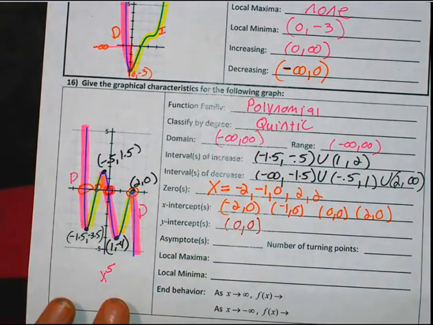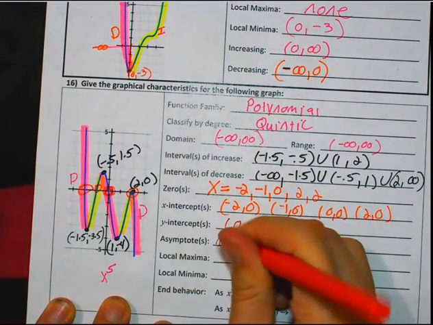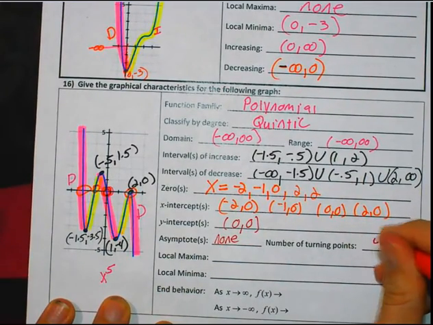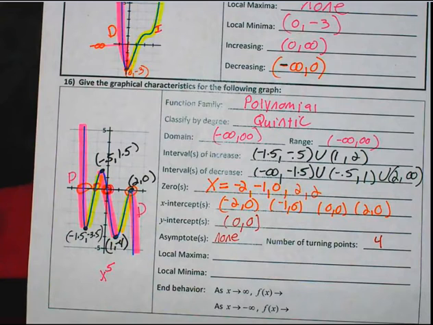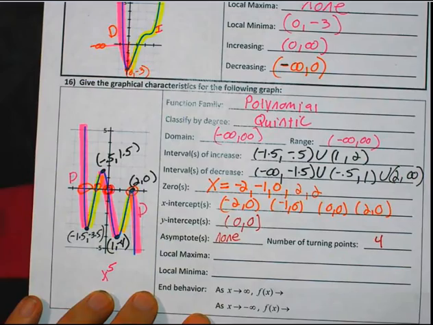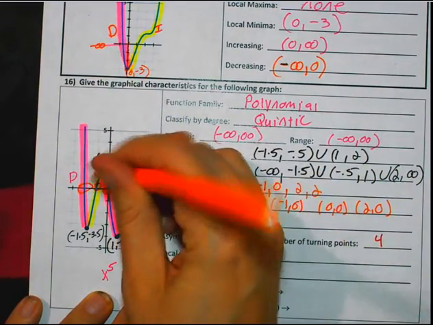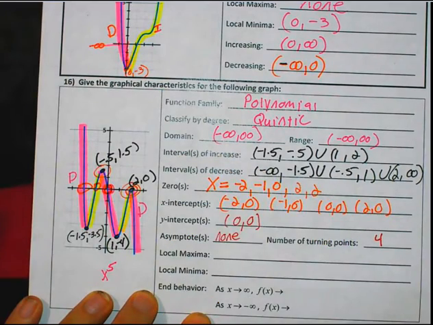Okay, asymptotes, there's no asymptotes, so we're going to write none. How many turning points? We actually figured that out a few minutes ago because we were talking about the degree, so 4 turning points. The local maximum, so I have 2 local maximums. I've got a local maximum here and a local maximum here.